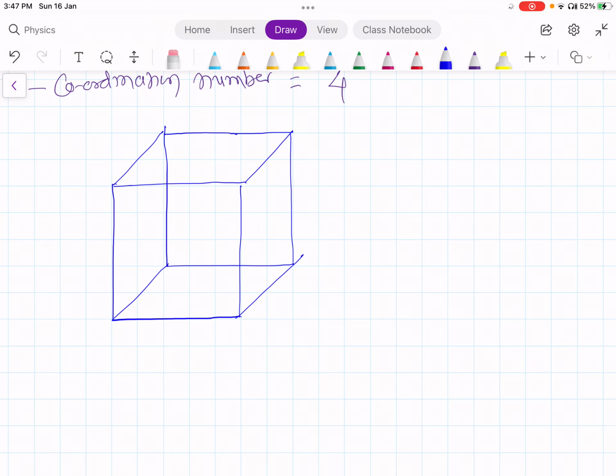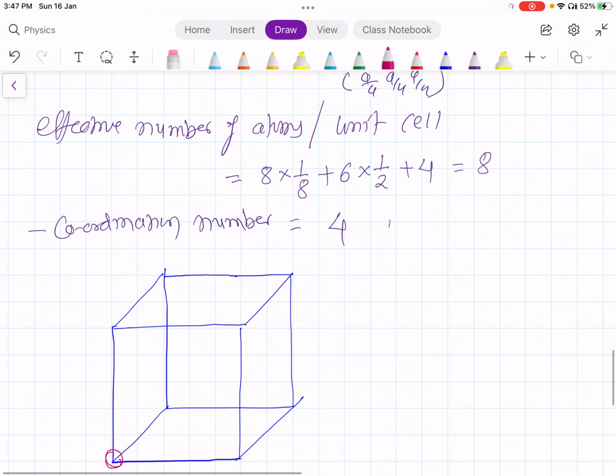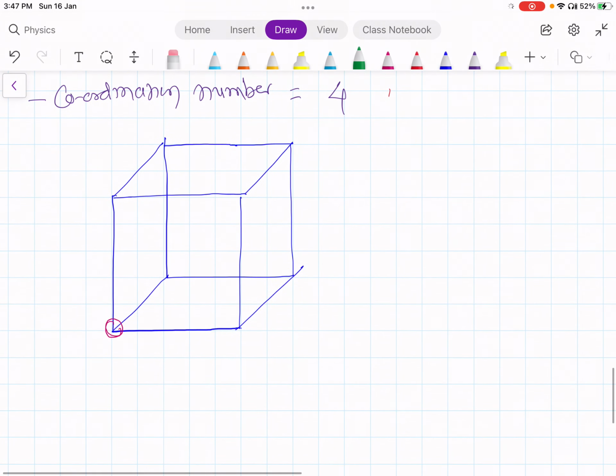As I told you, the basis atoms are in contact with each other. This is our corner atom, and the basis atom of this corner atom is over here. So these two atoms are in contact with each other.